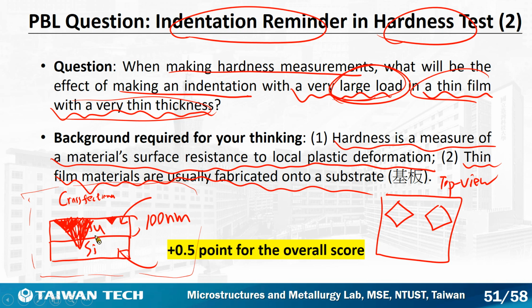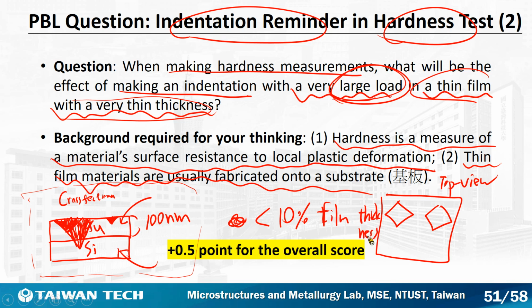So for hardness measurement of thin film materials, usually we need to control the size of the indentation to less than 10% of the film thickness.